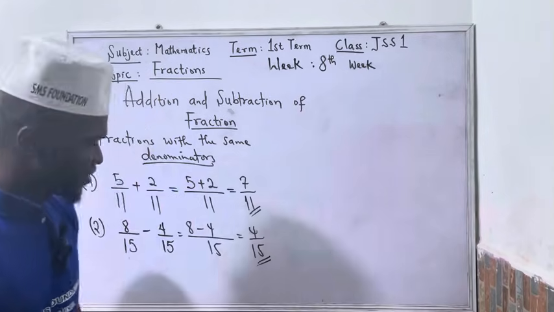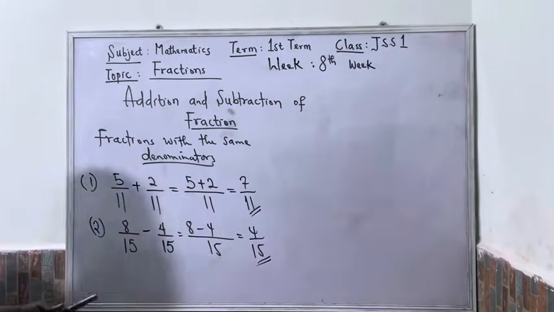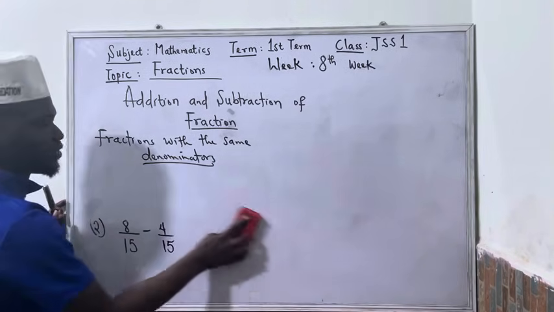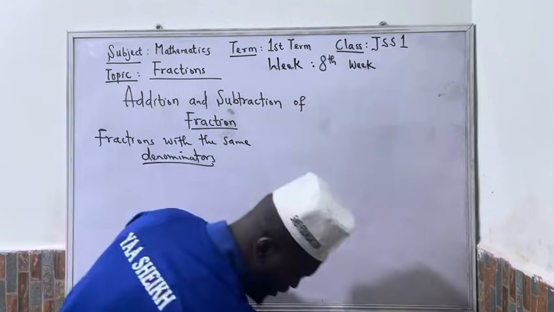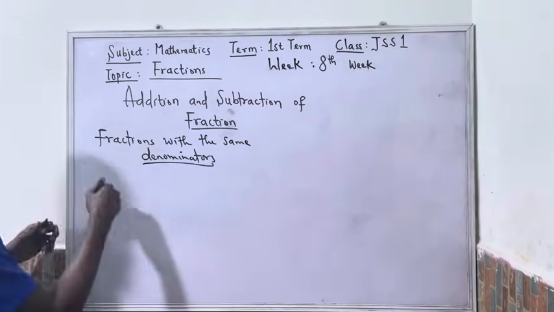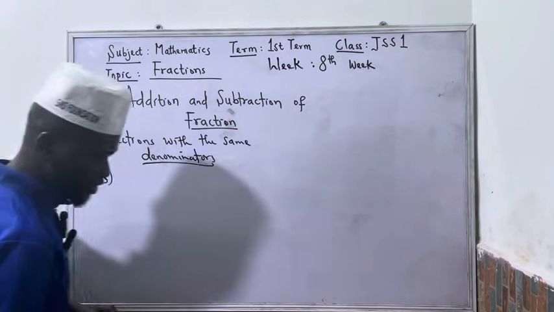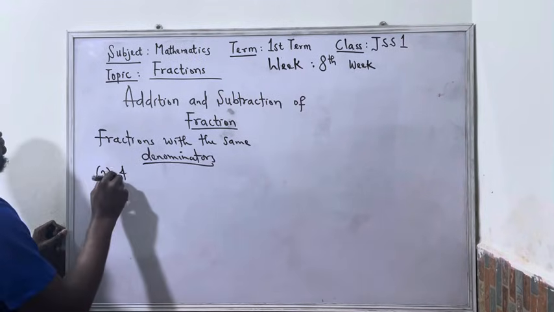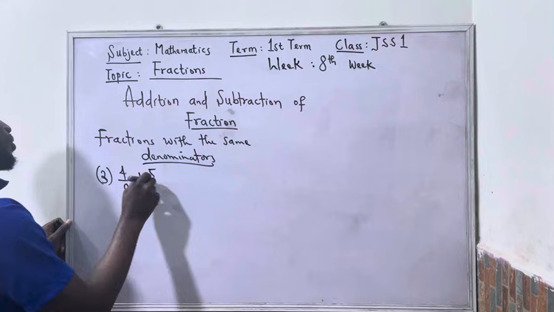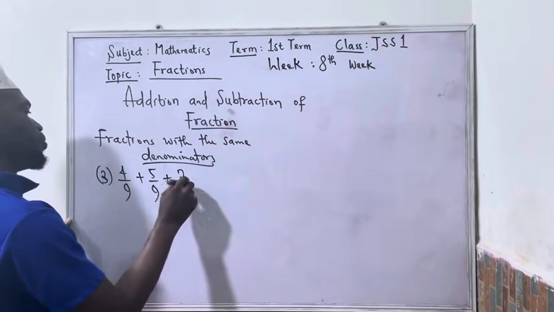Very interesting. All right. Now, mind you, let's go a little bit further. Before I go further, it may not be just two fractions. It may be more than two fractions, like 3 or 4 fractions, or even 5 fractions. Let's say number 3, we have 4 over 9 plus 5 over 9 plus 7 over 9.